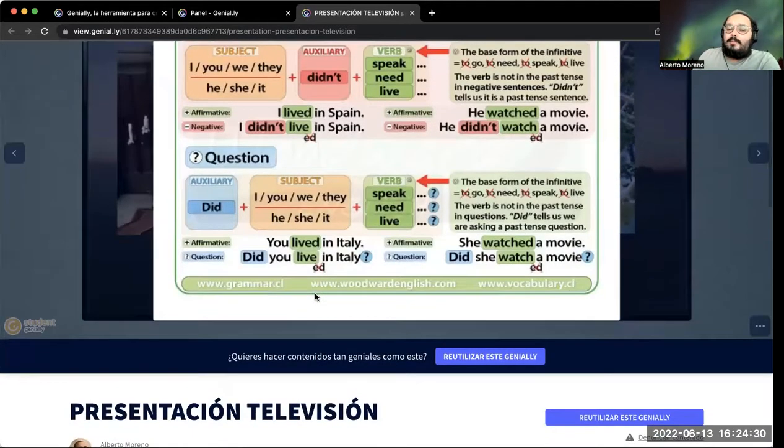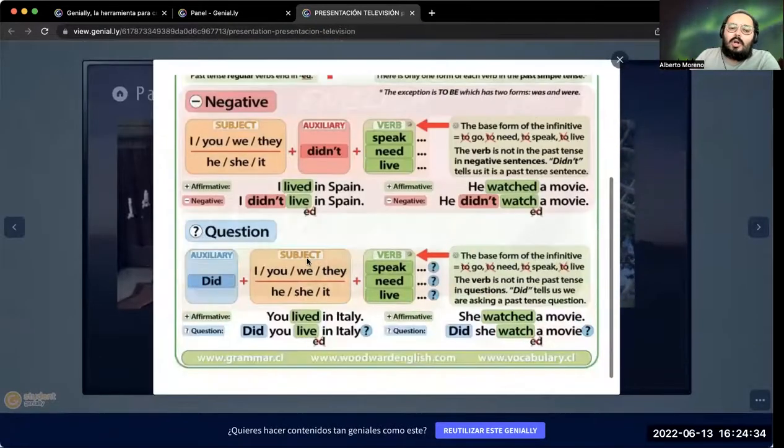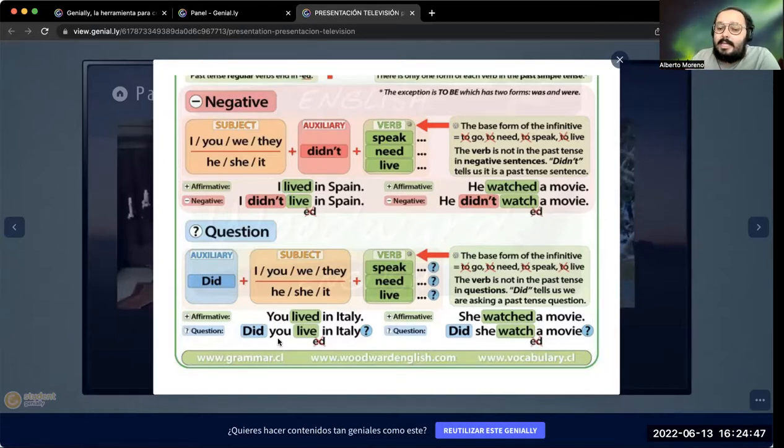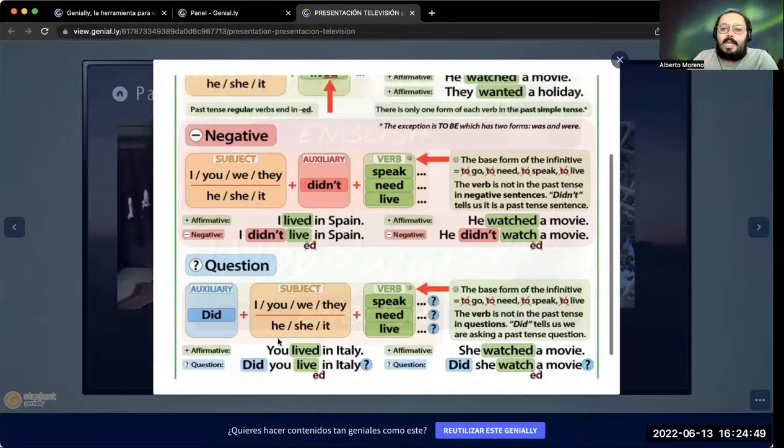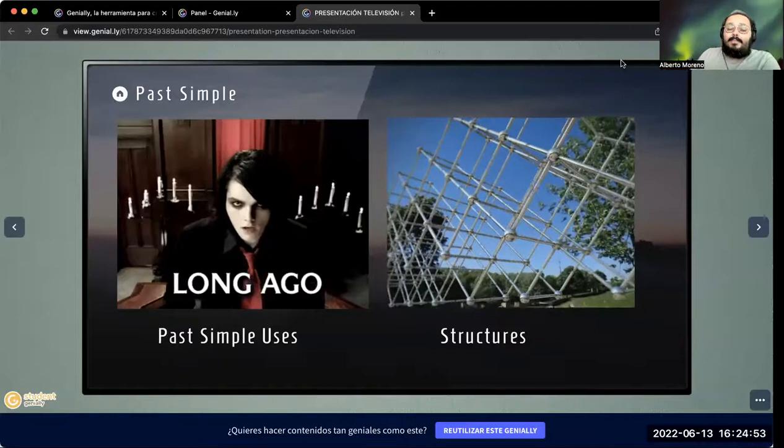La forma interrogativa pues comienza con el auxiliar did más el sujeto más el verbo y un complemento. Por ejemplo, una oración afirmativa que es you lived in Italy, para transformarla en una pregunta, did you live in Italy? ¿Ok? Y bueno, eso sería todo con respecto al pasado simple.